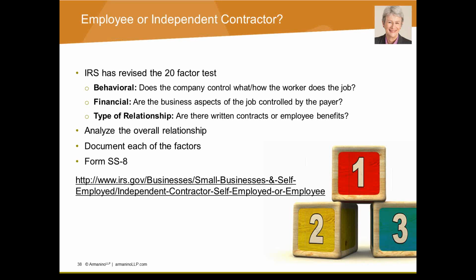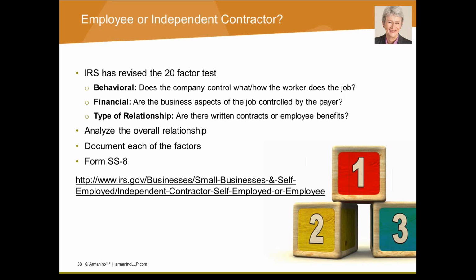There is no magic, no set number of factors that makes a worker fall in one category or the other, and no one factor stands alone. So you have to look at the entire relationship and consider the degrees and the extent of the rights.